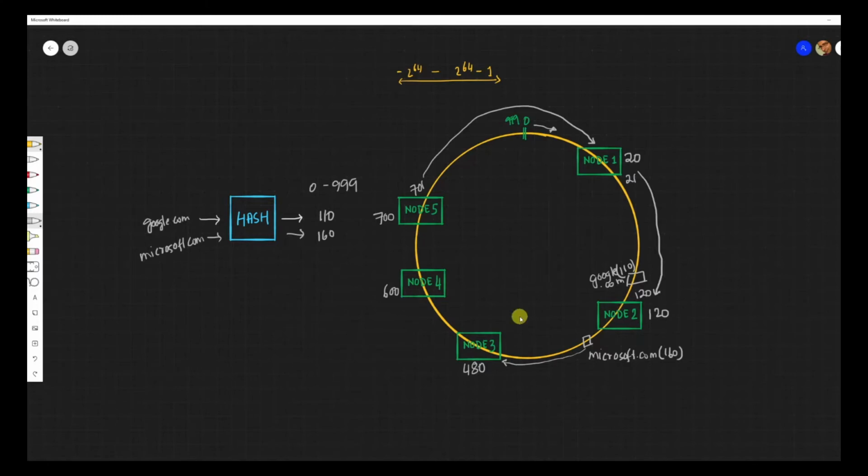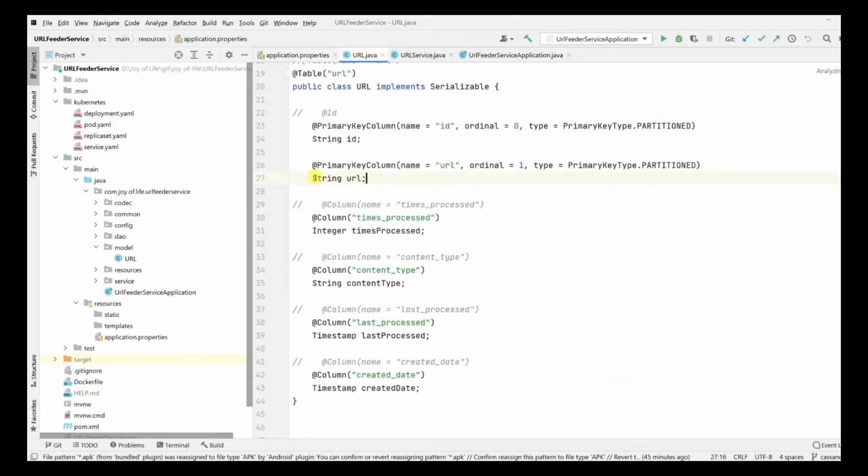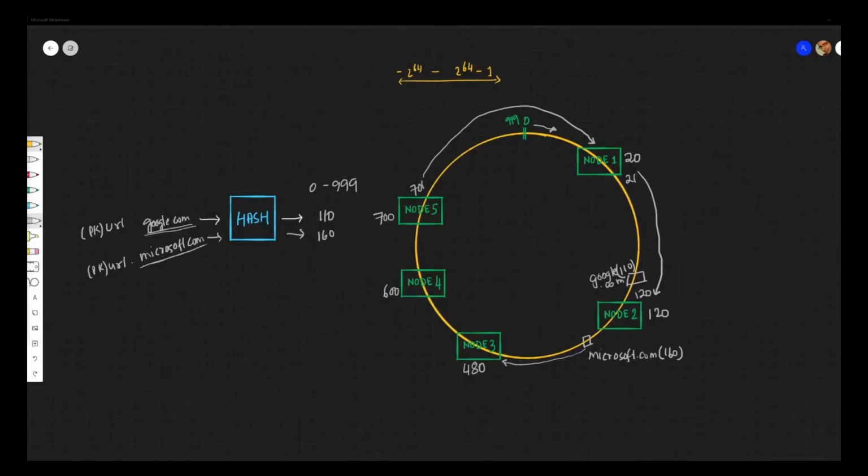Now when you query and want to check the details, do keep in mind, I am telling you the URL over here, but we are storing the entire object. Since URL is our primary key, this primary key will be used in our hash function. For the sake of simplicity, I am just thinking that we have the URL as our primary key, though we can do it with the ID itself.